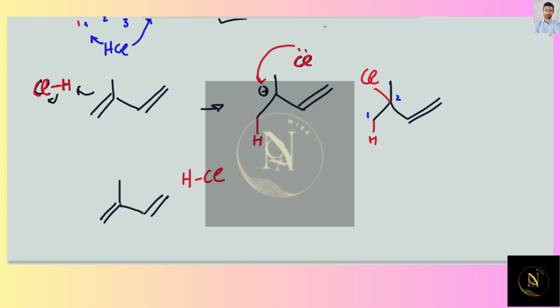Let's suppose that this first step happened over here, giving us, instead of that tertiary carbocation, the more substituted side over here. This allylic carbocation.